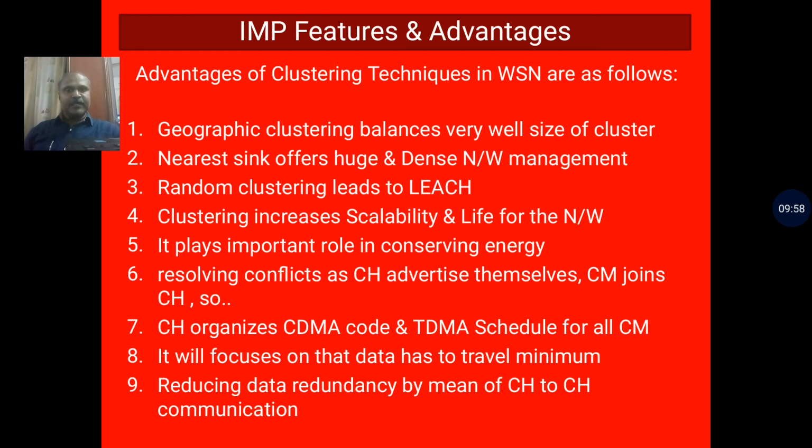That's why it reduces data redundancy and increases the efficiency of the network. The cluster head is rotated to share the burden of traffic as well as to manage the available energy. The cluster head's role is rotated to share the burden accordingly.